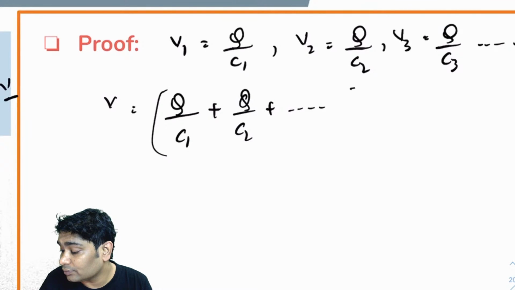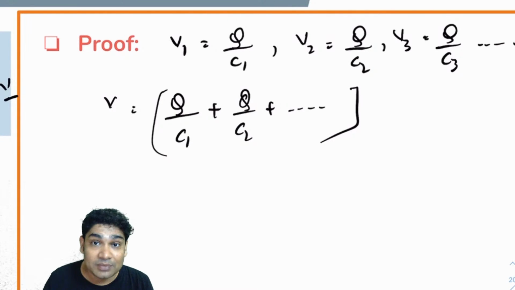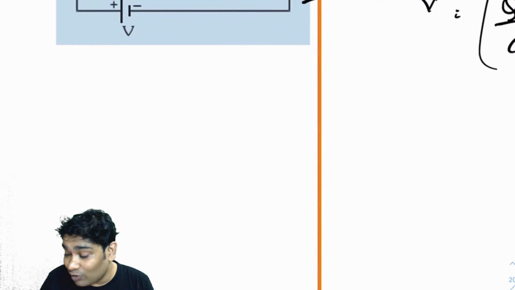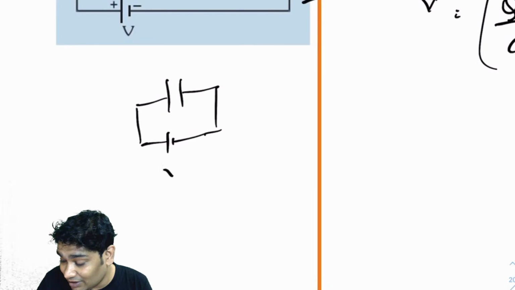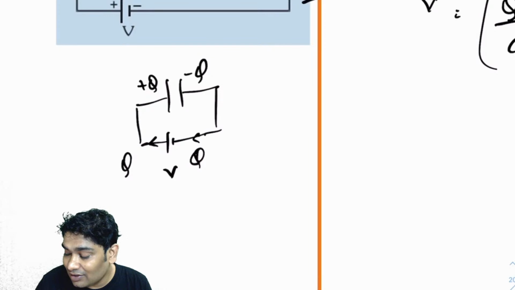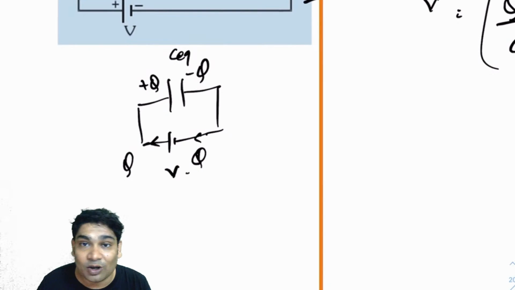Alright, now comes the important part. So this is for this circuit. Now imagine if I wanted to replace it with a single capacitor. When I replace it with a single capacitor, this is V. The single capacitor should also get the same amount of charge. It should be able to draw the same amount of charge from the battery. And this has C equivalent, and this also has a potential difference of V across it.